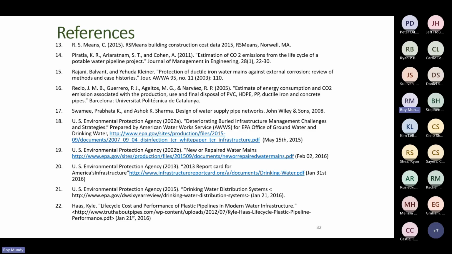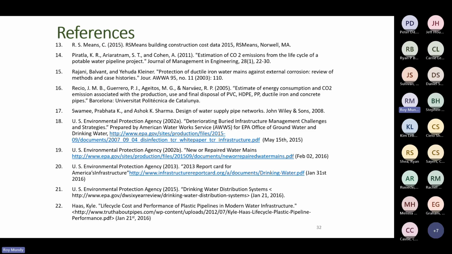However, as you saw in this study, and you will see even in the next presentation, the C factor of both pipelines is taken into account. And so effectively, even though the C factor is portrayed to be 140 for ductile iron pipe, 150 for PVC, and quite frankly, they're actually even a lot closer than that together.